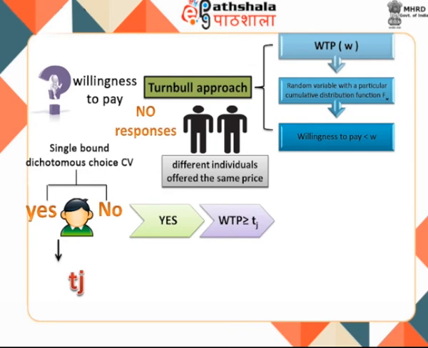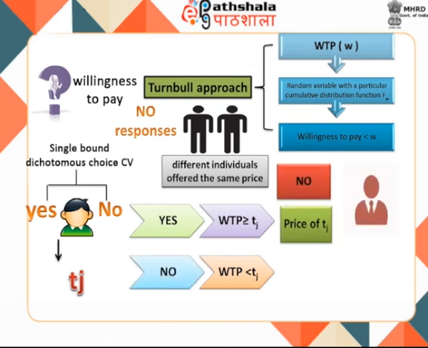Otherwise, it meant WTP is lesser than T_j. The probability that the respondent will say no to a price of T_j is then given by Pr[WTP_i < T_j] = F_W(T_j) = F_j.